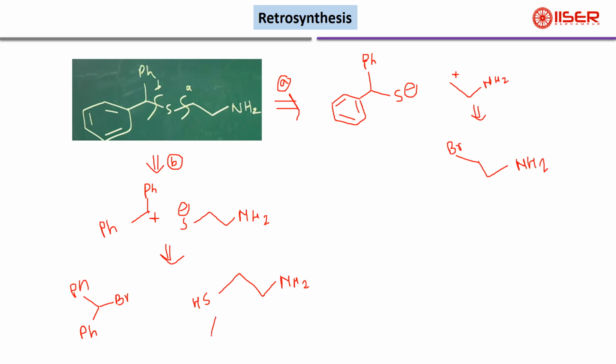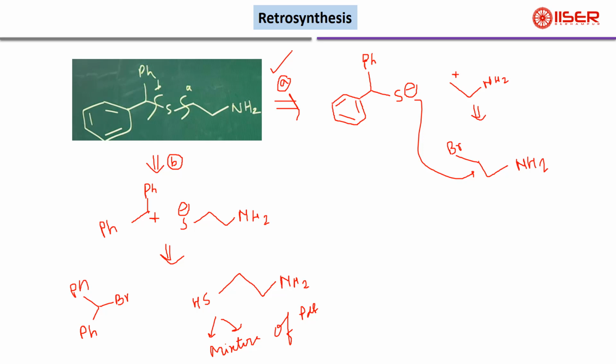So it will give a mixture of product, where in one case sulfur will attack, in another case nitrogen will attack. But in this case only one product is possible, where the sulfur will attack at this place, so the correct pathway will be pathway A.